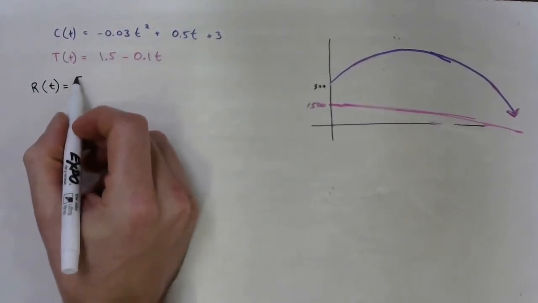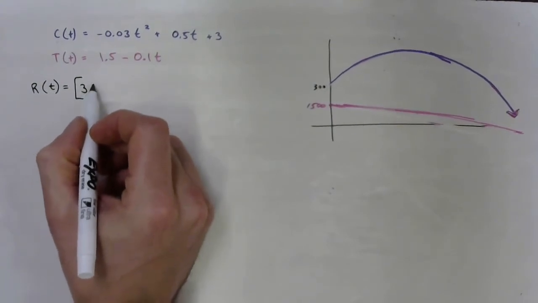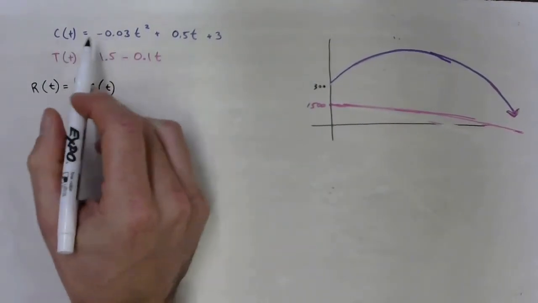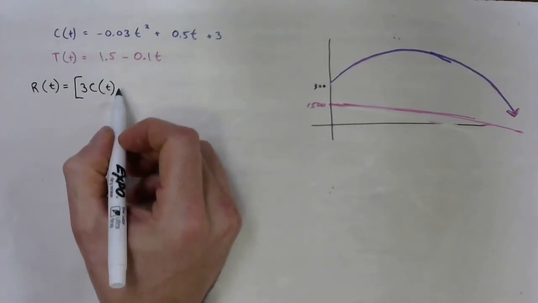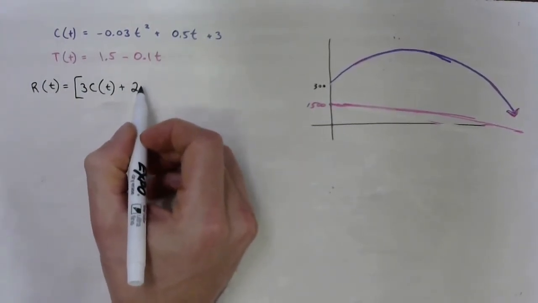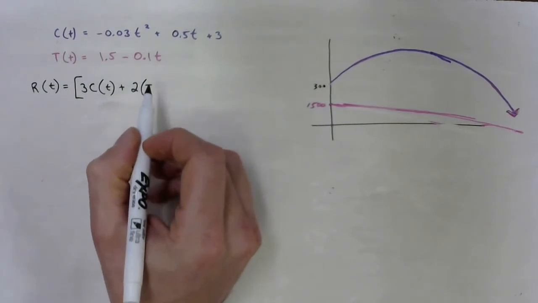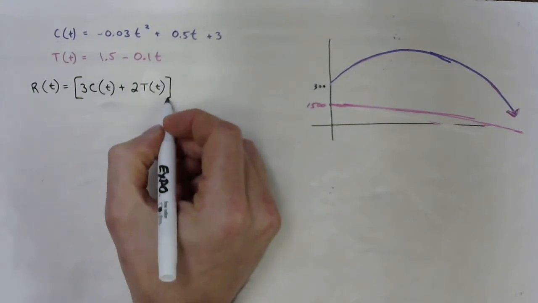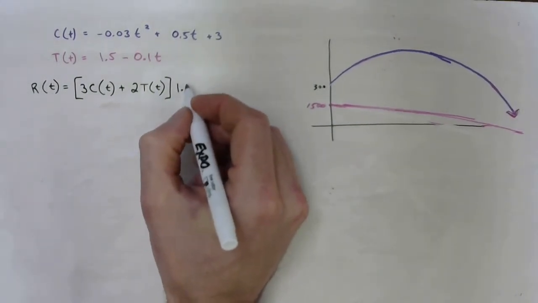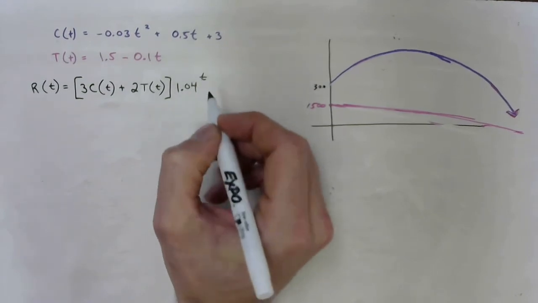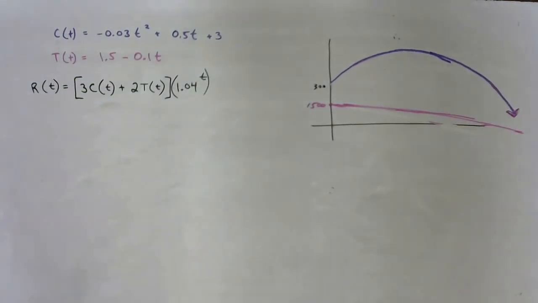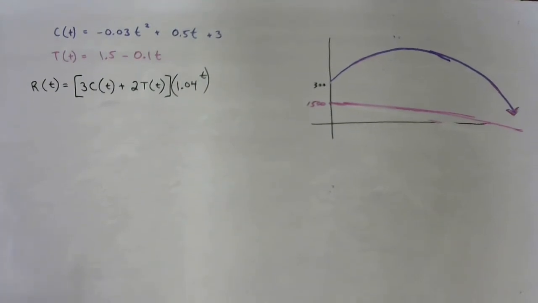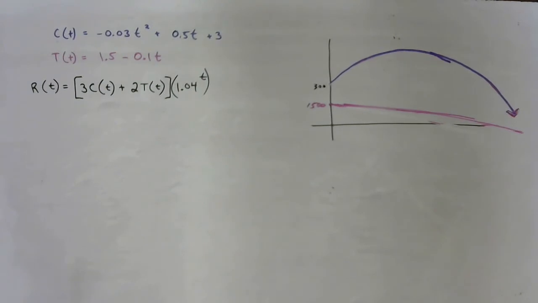And it is, big square bracket, 3 times our CD function plus 2 times our cassette function, times 1.04 to the power of t. Develop an algebraic and graphical model for the store's revenue and then interpret it.